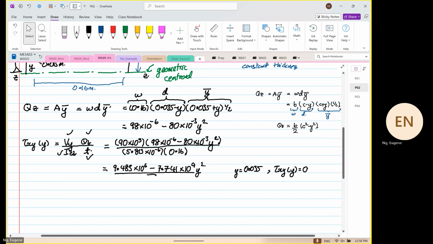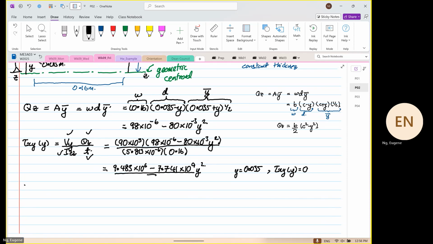Now, the next thing that we would like to calculate, I like to determine the shear force resistance by the flange.